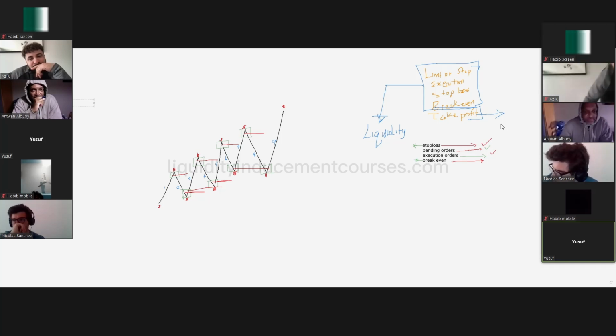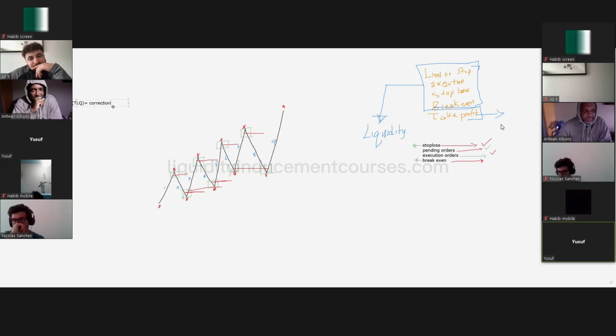The first type of liquidity is the transactional liquidity, and this is the liquidity for correction. That's the first type of liquidity.